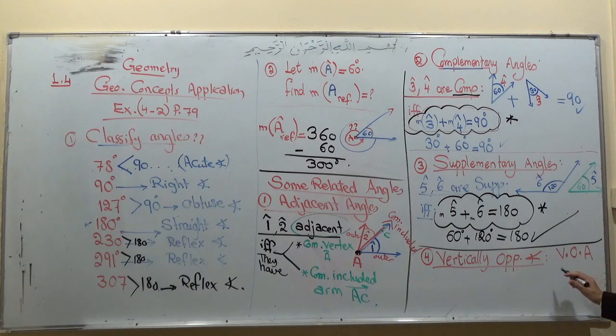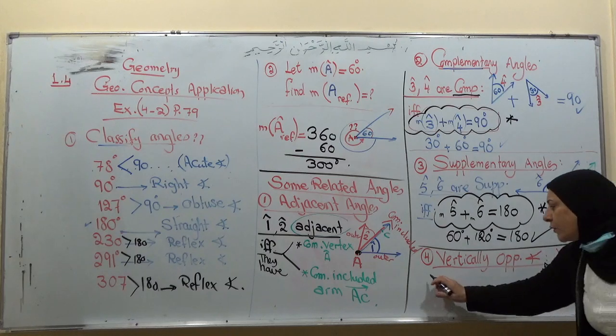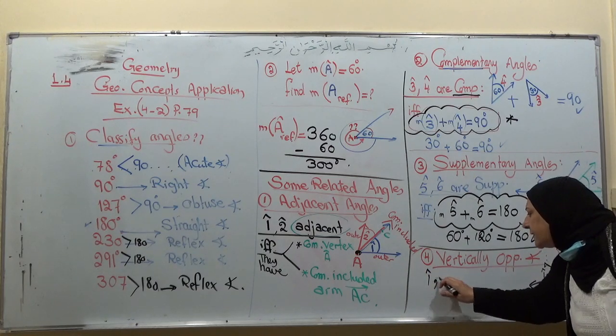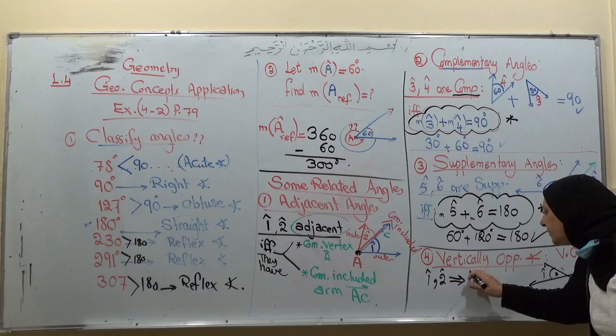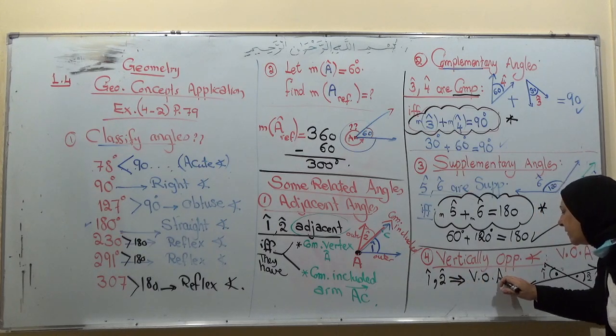These two angles come from the intersection of two straight lines or two line segments like this. This angle and this angle are equal in measure and they are VOA, so angle 1 and angle 2 come from the intersection of two straight lines.